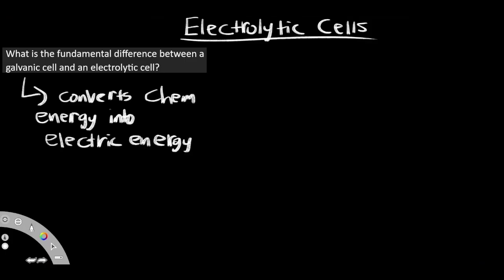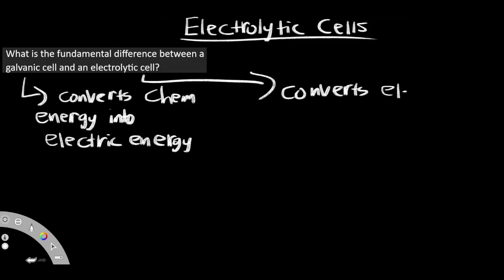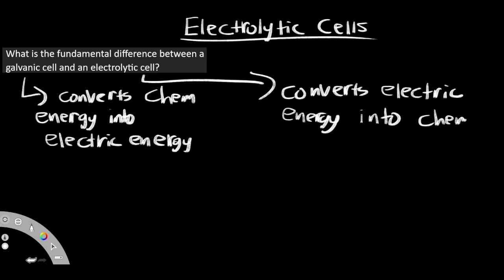Okay, it happens spontaneously. But an electrolytic cell, the one that we just talked about, requires an additional source of power in order to drive the reaction in the opposite direction. So it's kind of the opposite of a galvanic cell. It converts the electric energy into chemical energy. See, this stands for chemical, right?